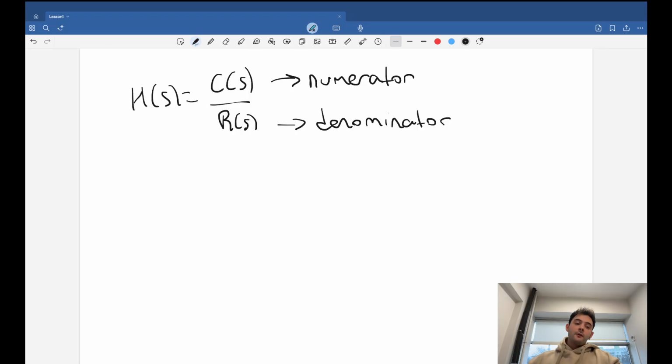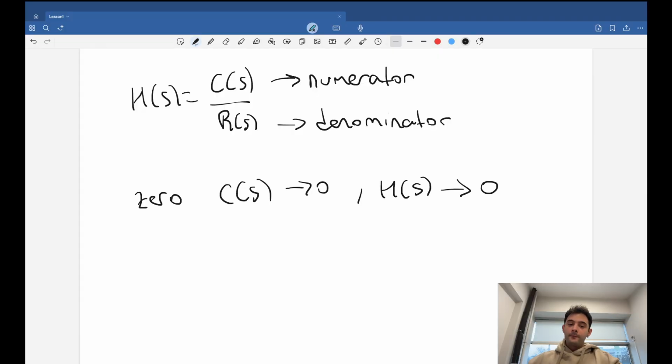And if you wonder what a zero and a pole is, I will just give it to you directly. A zero is a value or root that makes C(s) go to zero, which makes our H(s) go to zero.